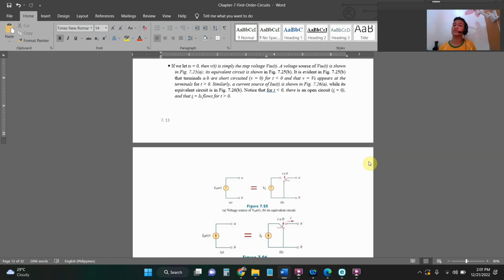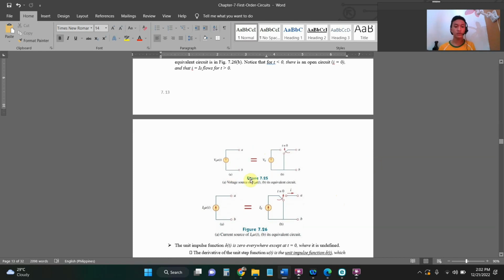Similarly, a current source of I sub o is shown in figure 7.26, while its equivalent circuit is in figure 7.26 B. Notice that for t less than 0 it is an open circuit, so i equals 0, and that i equals I sub o flows for t greater than 0.